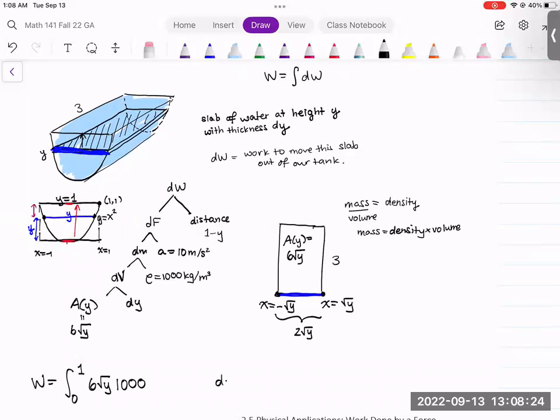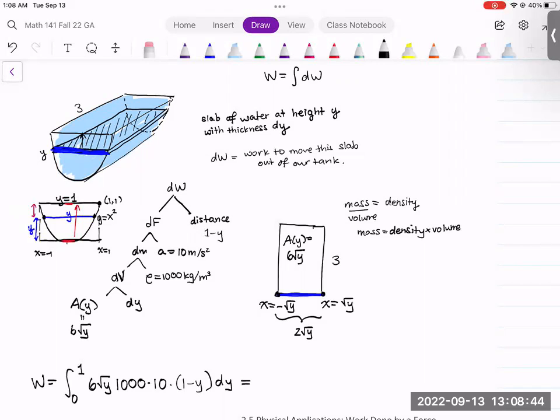I'm going to put the dy at the very end, that thickness. We're multiplying by 10 meters per second squared, and this distance 1 minus y. All right, so the hard part is getting this set up.